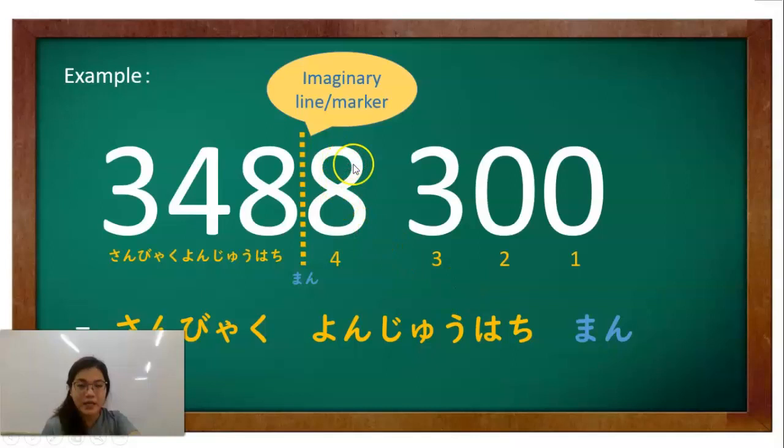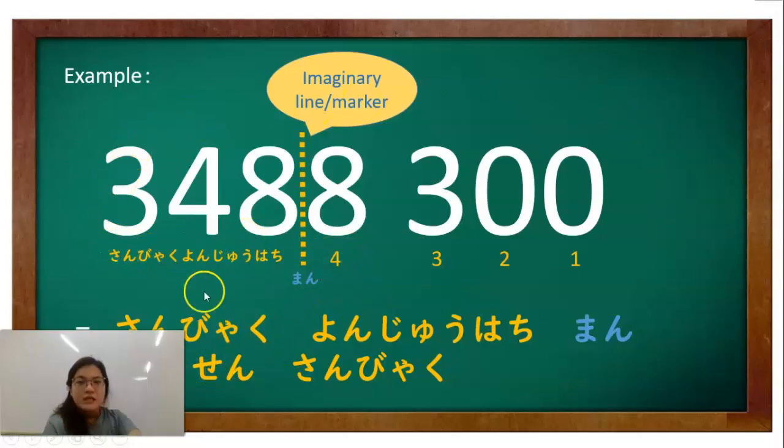How about this? 8,300. 8,000 is hassen. 300 is sanbyaku. So, hassen sanbyaku. So this whole number is sanbyaku yonjuu hachi man hassen sanbyaku.